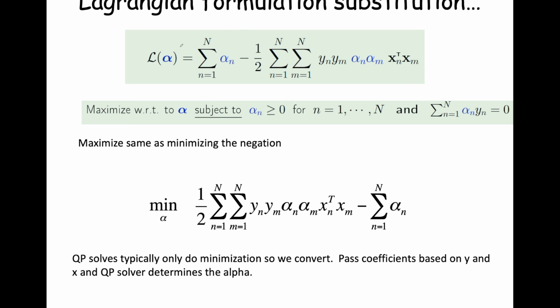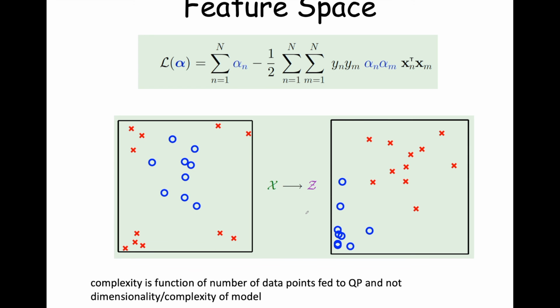And so we have our dual formulation again, and we took the negation of that so we can input it into a quadratic solver. We collected our coefficients, which are the y values, our labels, and the input feature vectors, and we solved for our values of alpha. If we look at the dual formulation, we have xn transpose xm. That's an inner product.